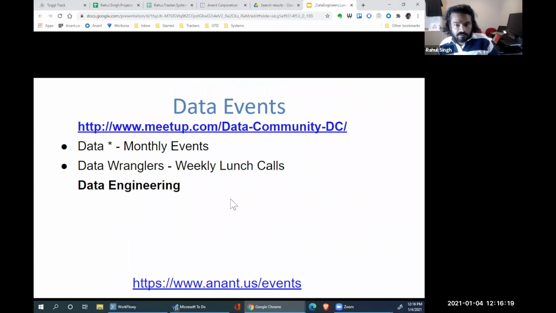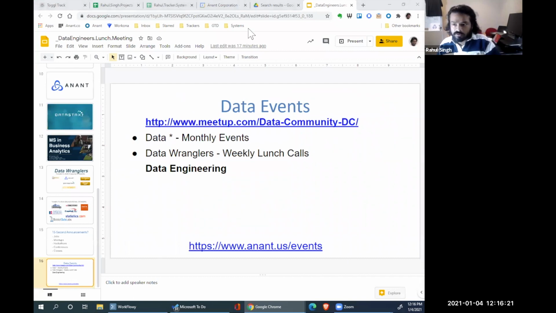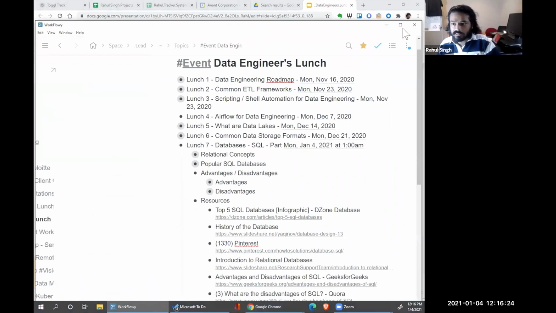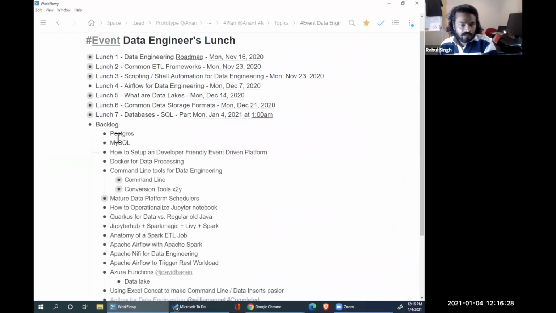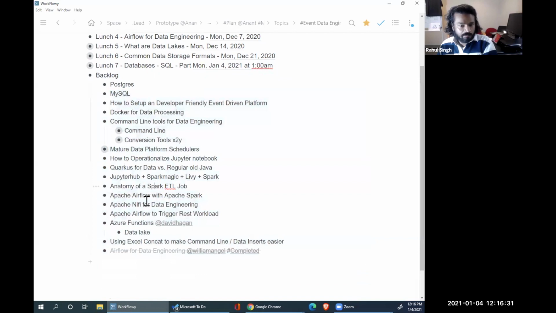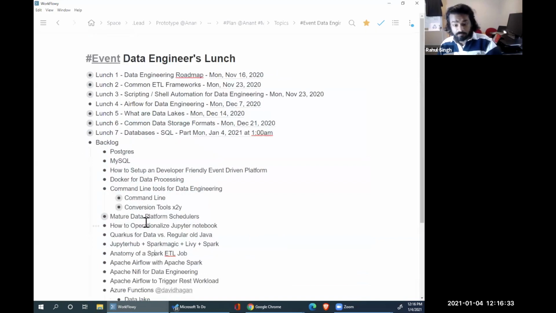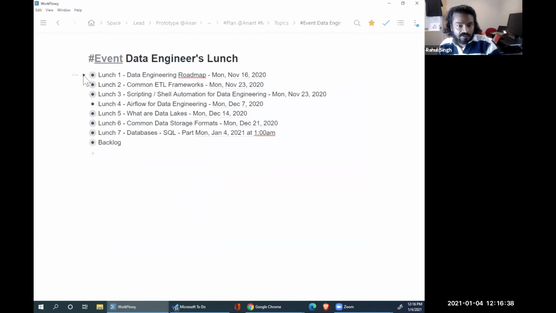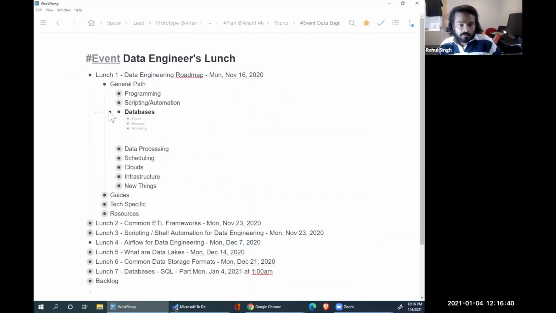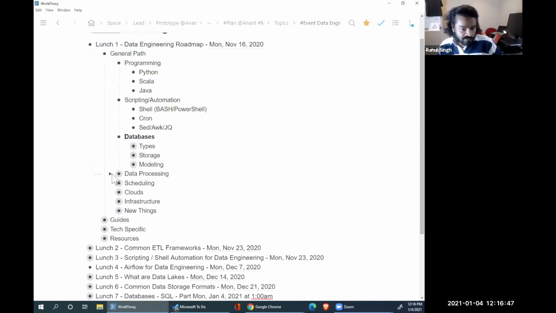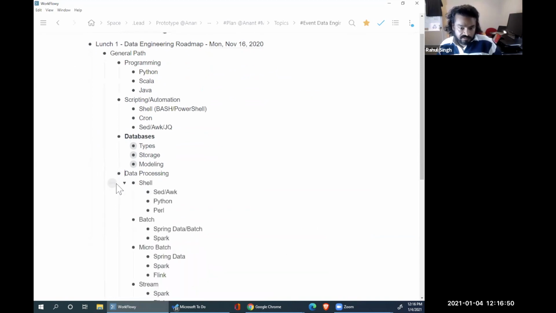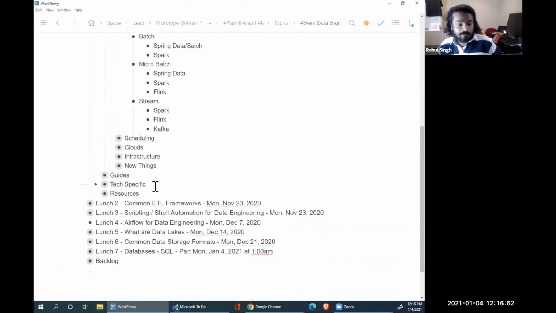All righty. If you're new to the group, as I was mentioning, we've been covering a backlog of requests that people have had, and some people want to present something so we put it on here. If there's not a speaker per se, we have a general path to becoming a data engineer: learning programming, shell scripting, different types of databases, data processing systems, scheduling systems, you name it.